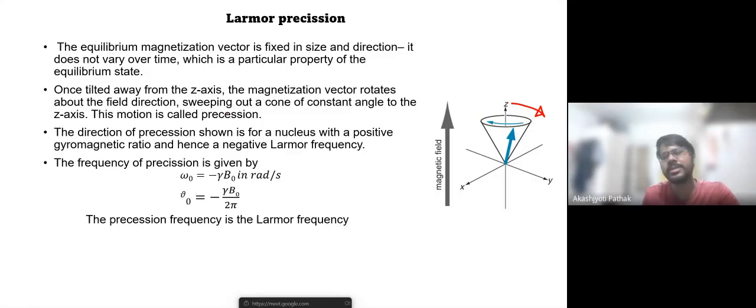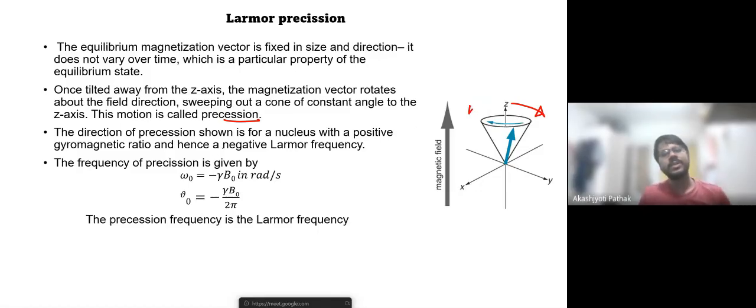This motion is called precession. When the magnetic field is applied, the equilibrium magnetization vector is tilted from its z direction and starts to precess around the z direction. The motion has a frequency which is called the Larmor frequency.